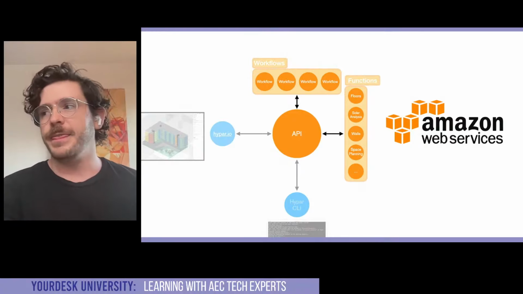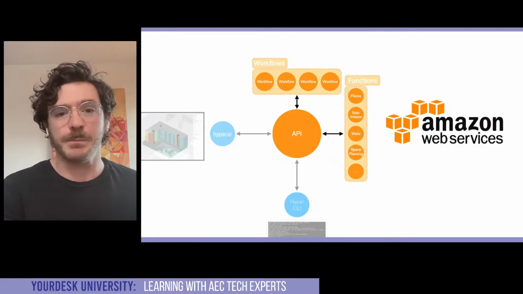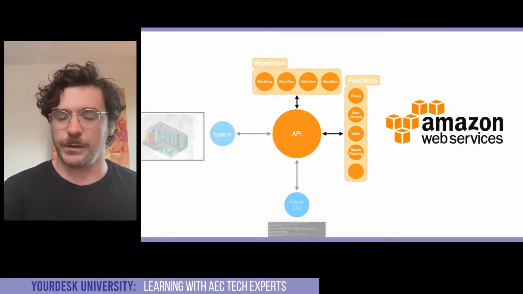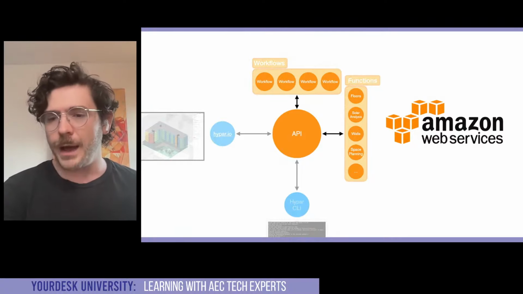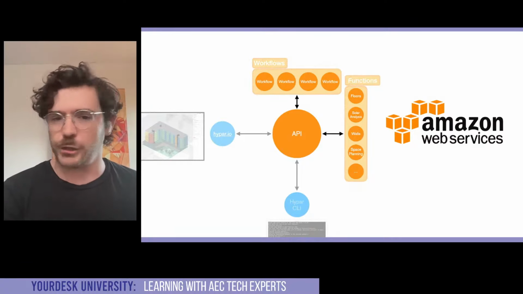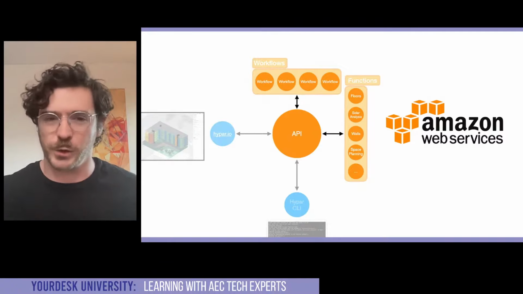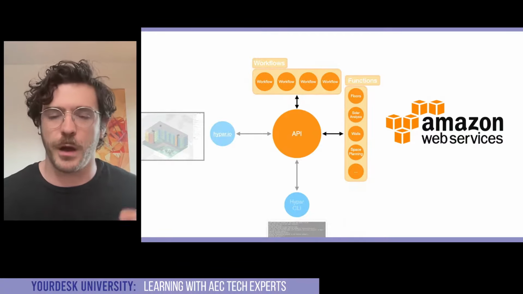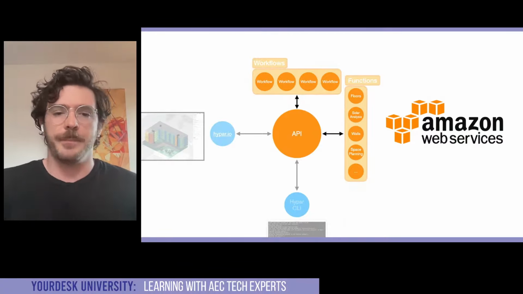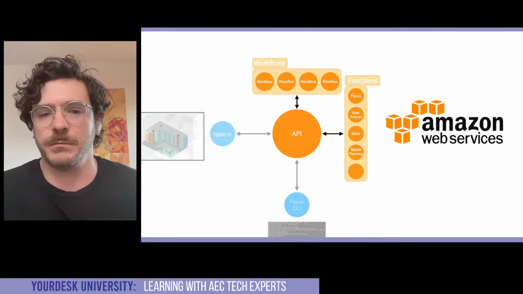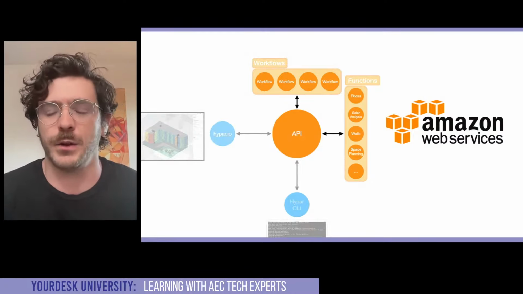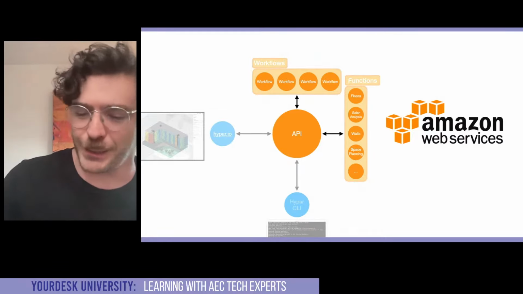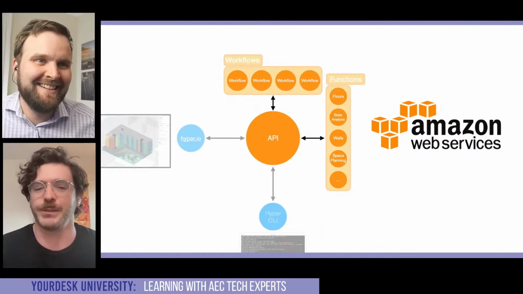There are a couple of these big cloud service providers. Google Cloud Platform is another one, and Microsoft Azure. Those are probably the biggest three, and there are other smaller players. But we've gone with Amazon from the beginning, and that decision predates me, so I can't tell you why we selected Amazon over other things.